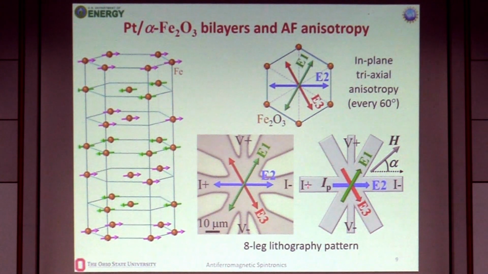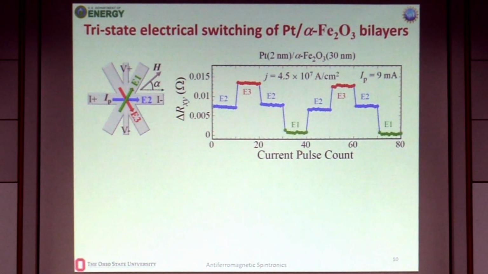And then after that, we're going to send a sensing current along this leg, which we labeled as E2, and then detect the voltage along these 2 voltage legs using something like this Hall geometry, typically, as we have seen from the talks today. All right. So that is what we got as a pattern. And then we hook up the wires into all these 8 wires. So we start from a fresh sample.